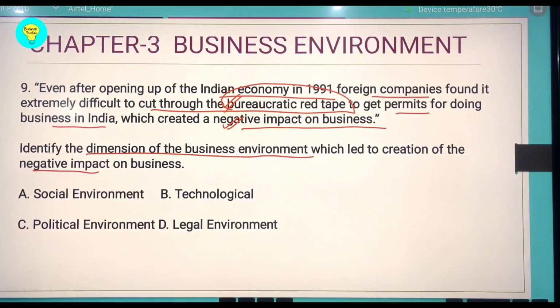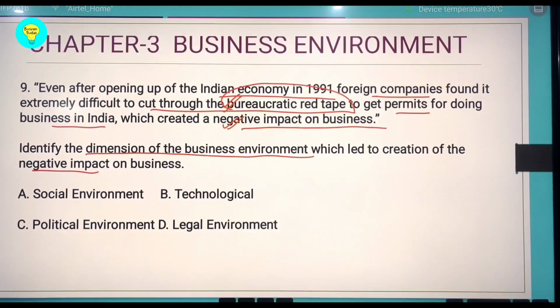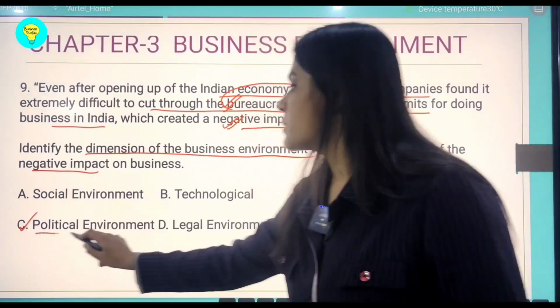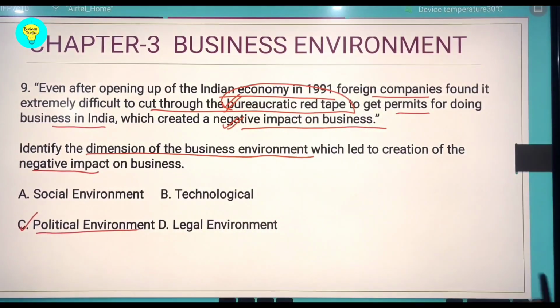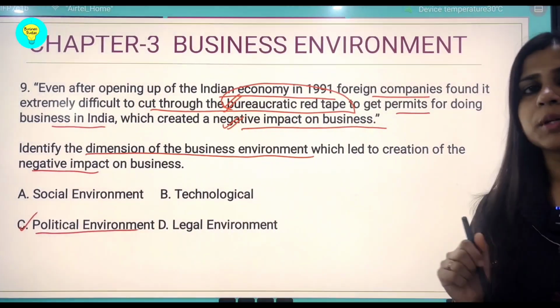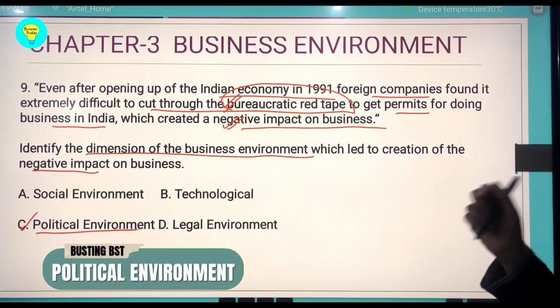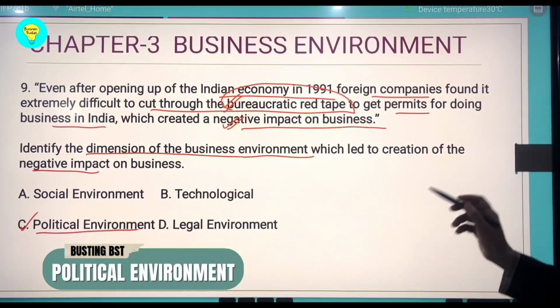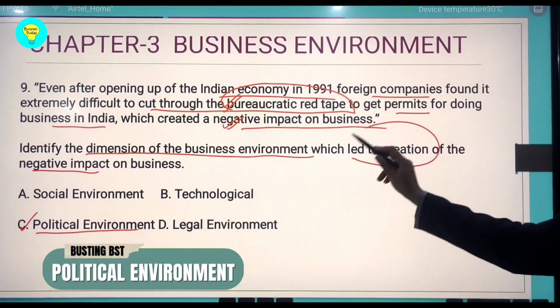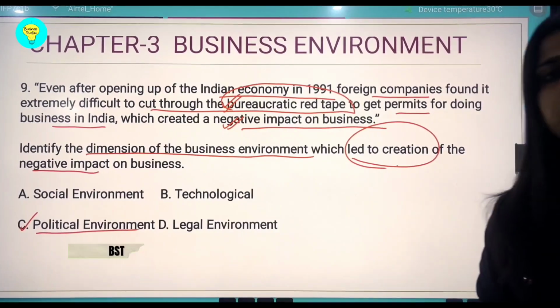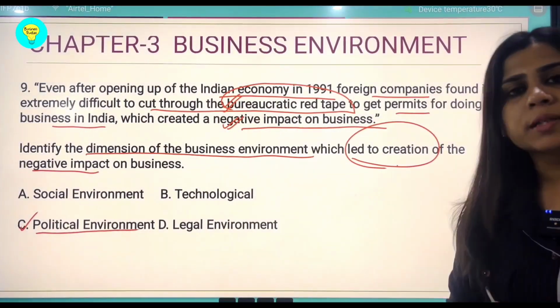So which dimension? We can clearly say, students, that this is the political environment, since the political machinery, bureaucrats, government officials have been the cause of the negative impact, and we are supposed to find the cause that led to creation of this negative impact, which can be none other than the political environment.